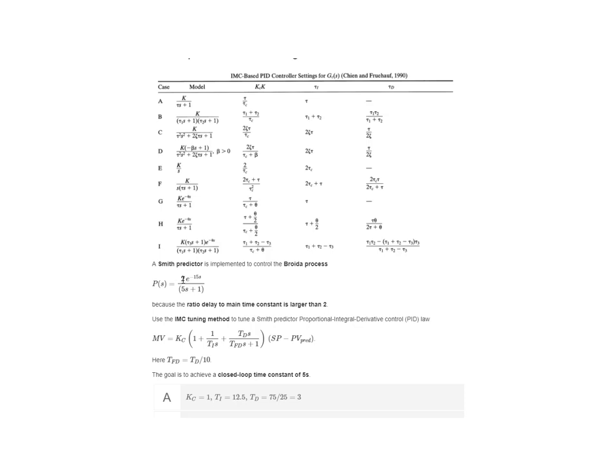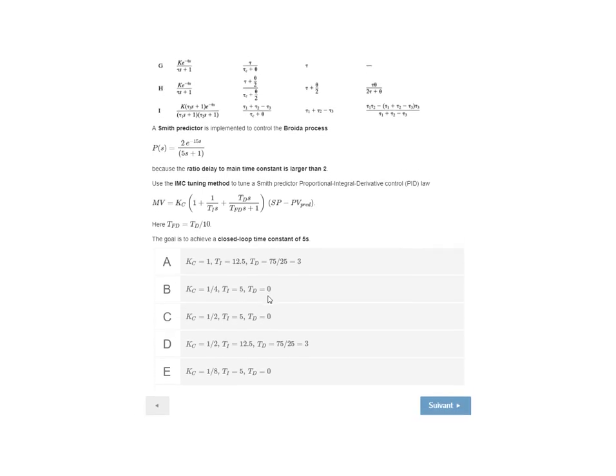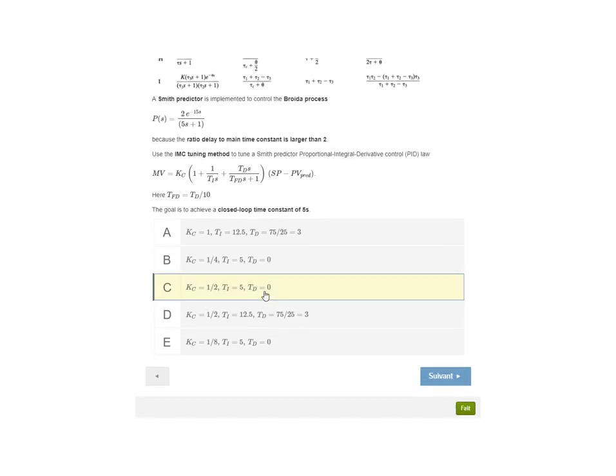The gain of the process is 2, so the gain of the controller is a half, right? And the integral time constant is the time constant of the process, so in this case 5. So the correct answer is C, gain of the controller a half and integral time constant 5 seconds.